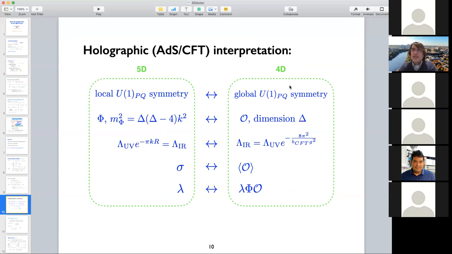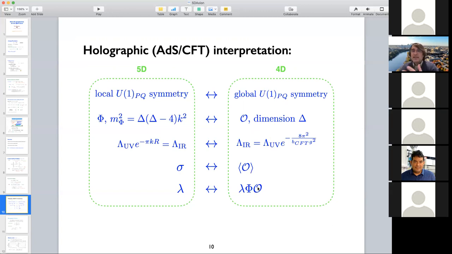And then in this four-dimensional gauge theory, you also generate an infrared scale, and this infrared scale would be related to the decay constant. And then you can also spontaneously break the Peccei-Quinn symmetry or explicitly break it. And so that's why one performs these calculations in this warped background.